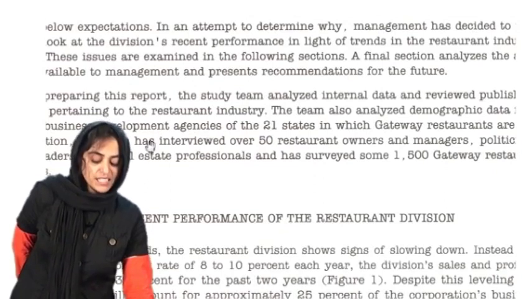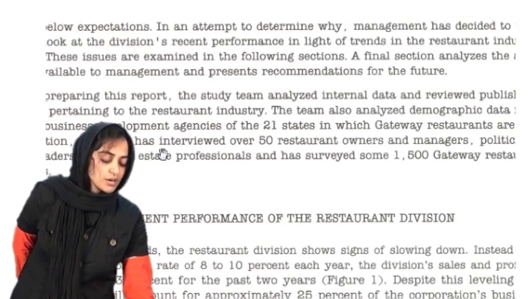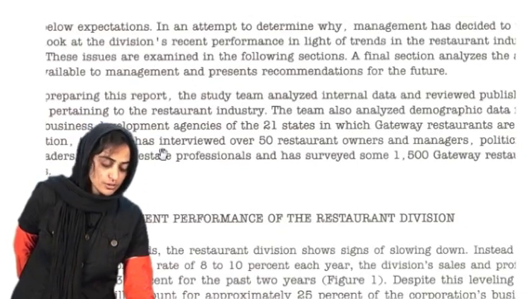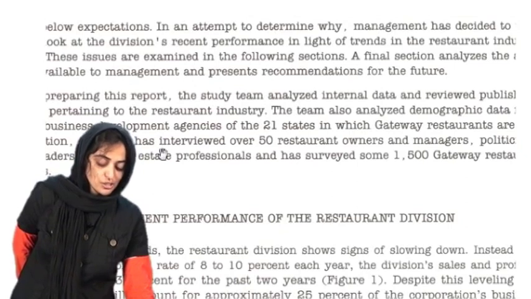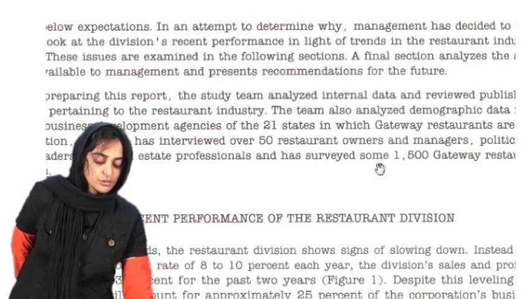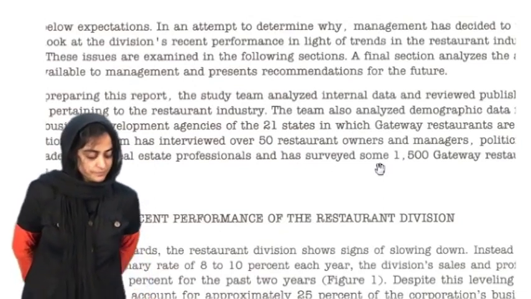In addition, the team has interviewed over 50 restaurant owners and managers, politicians, civic leaders, and real estate professionals, and has surveyed some 1,500 Gateway restaurant patrons.